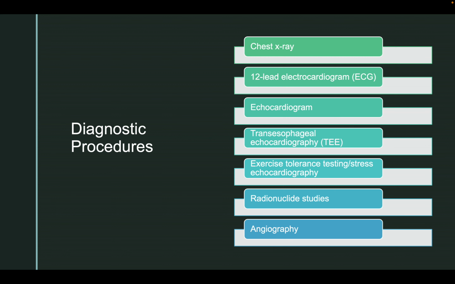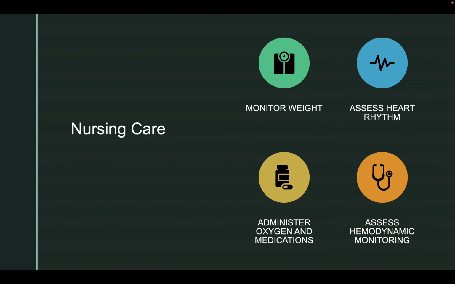They also talked about the radionuclide studies. This determines the ejection fraction during activity and rest. And then the angiograph is used to evaluate the coronary arteries and the degree of atherosclerosis. Cardiac catheterization might be used as a diagnostic tool in valvular disease also.